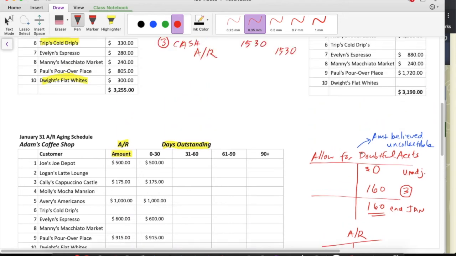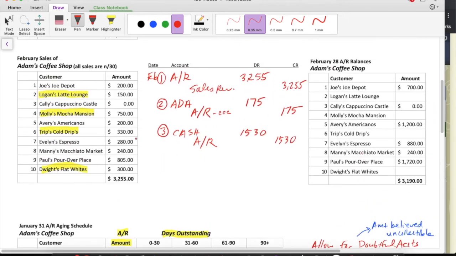So if we go to our journal, I'm recording the adjustment for bad debts. I'm going to record a debit to bad debt expense for $403 and a credit to allowance for doubtful accounts for $403.